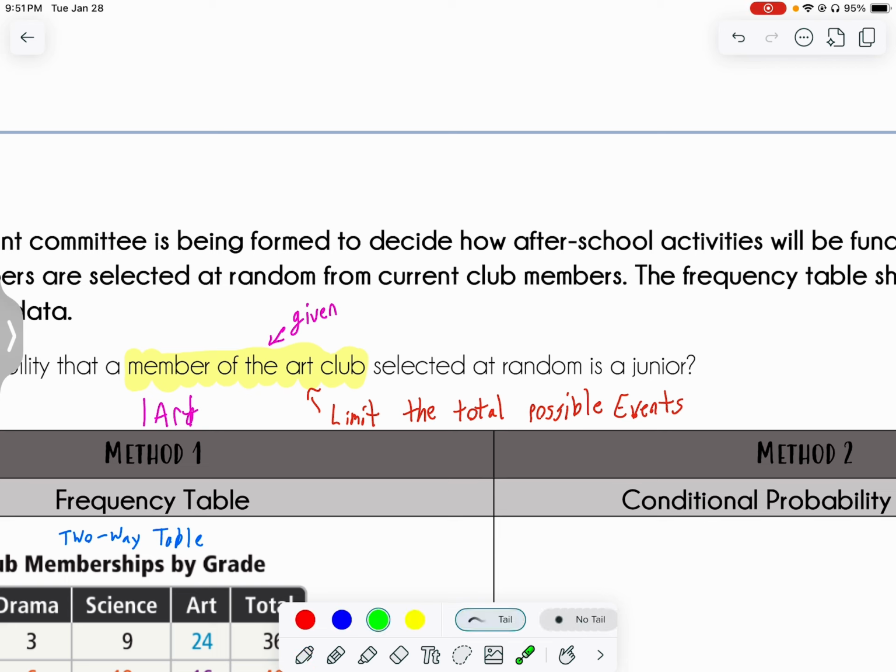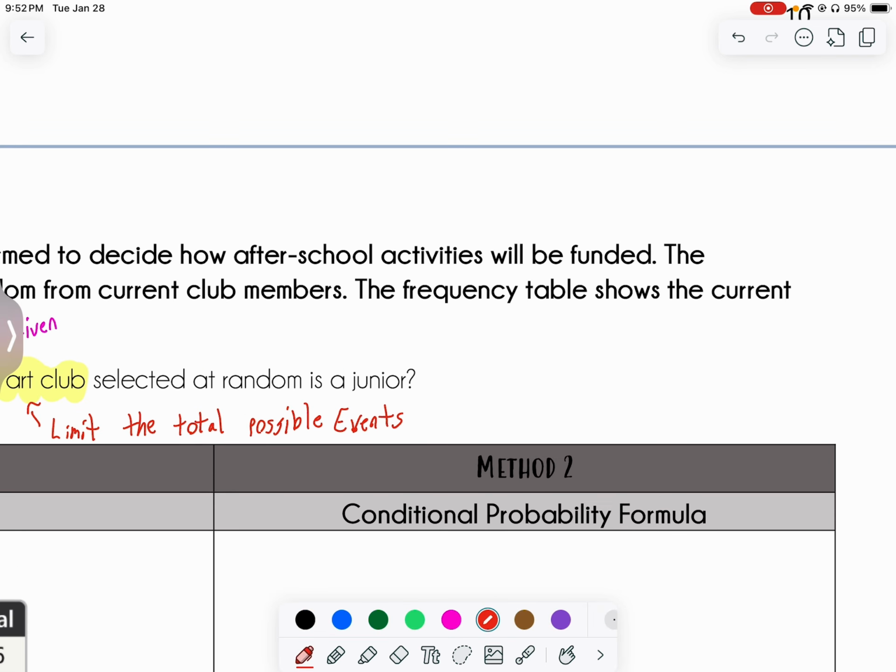So what this is really asking is, out of all the art club members, what are the chances that that person's a junior? And we could write it like this. What's the probability that somebody's a junior given that they're in art? Let's go ahead and find out what that probability is.